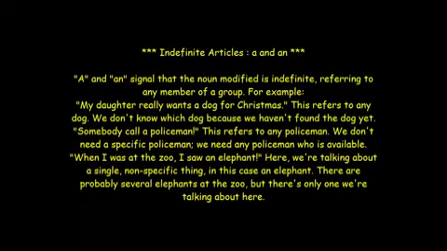When I was at the zoo, I saw an elephant. Here we are talking about a single non-specific thing, in this case, an elephant. There are probably several elephants at the zoo, but there is only one we are talking about here.